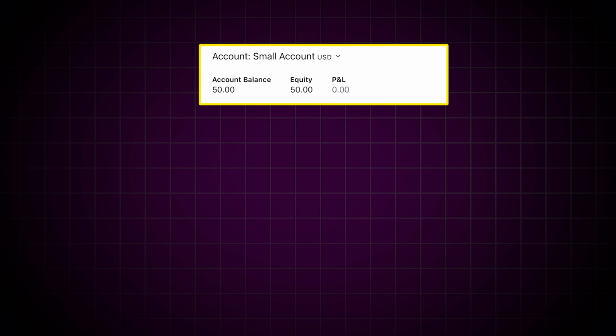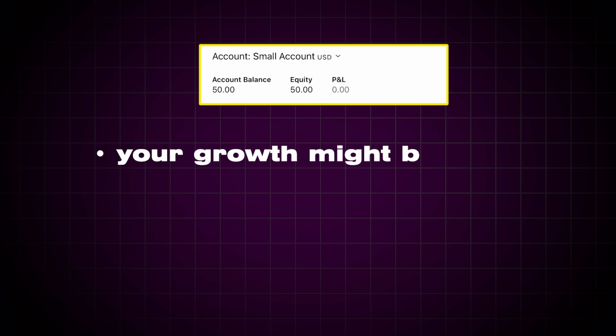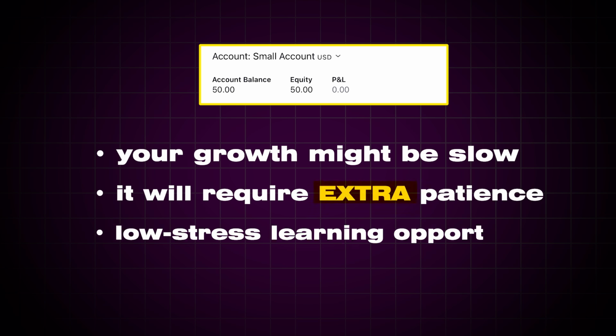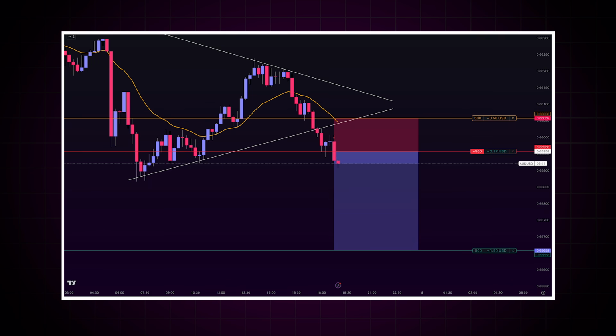Starting with $50 means that your growth might be slow and more than likely it will require extra patience, but at the same time, it is a valuable and low stress learning opportunity. At this level, each trade is likely to be small, because that minimizes risk but also limits potential gains, as you will be trading with micro lots such as 0.01.